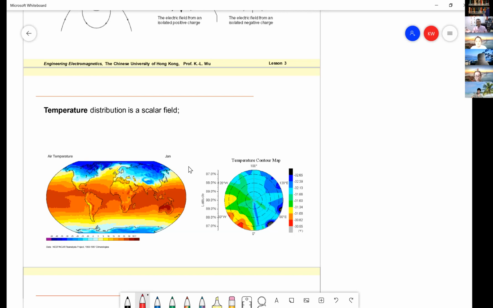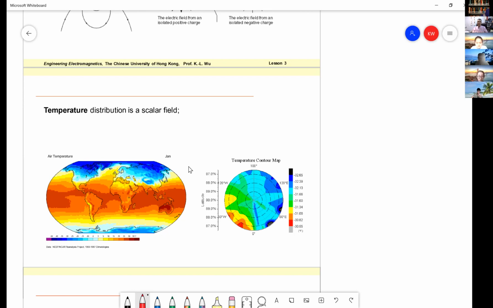Do you know what caused that difference? Let's say the temperature in my office differs at different locations. Why is it different?